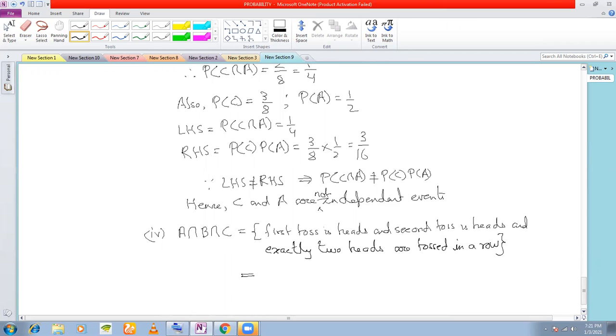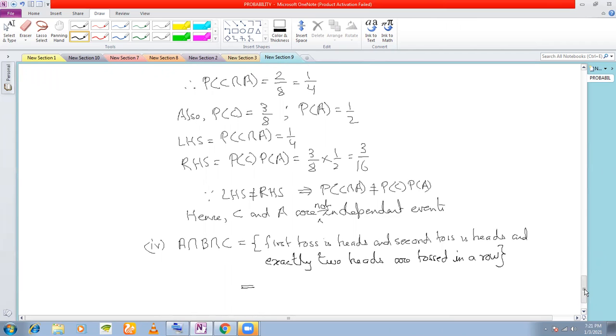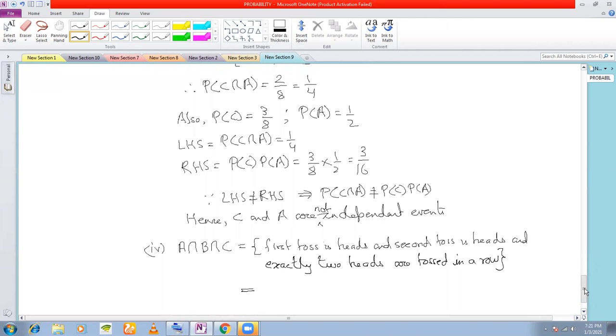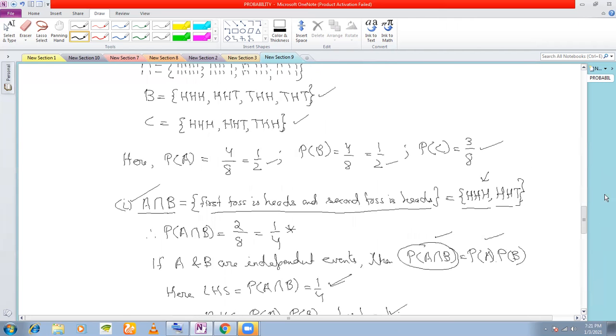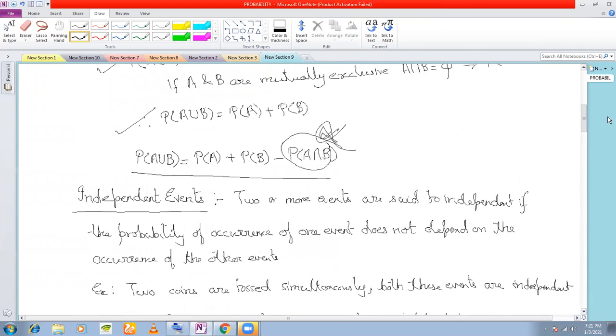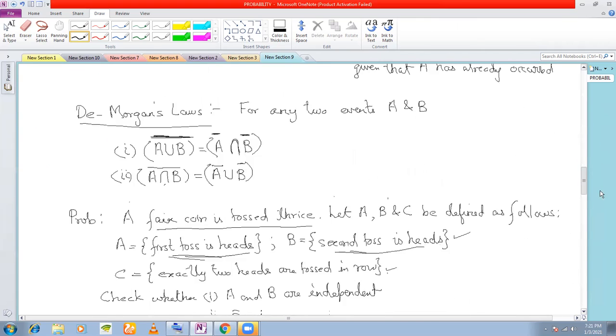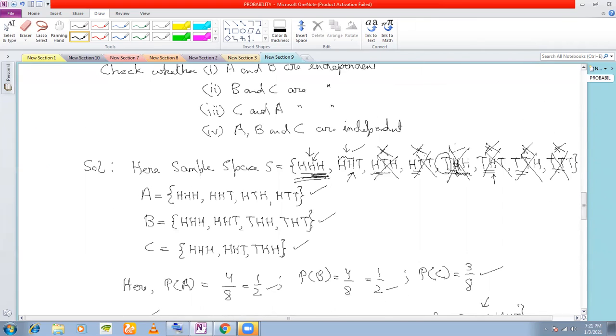Okay, so let's see which are the events that qualify. First is heads, second is also heads, and two heads in a row. So let's see what are the events here in the sample space. So this one qualifies, right? HHH is definitely there.